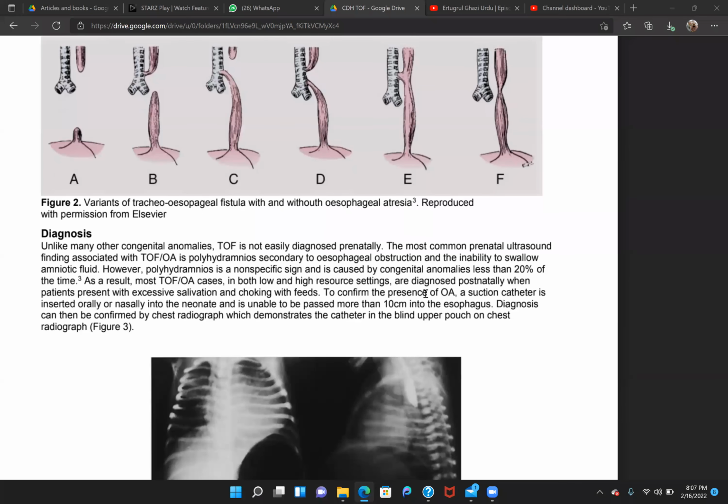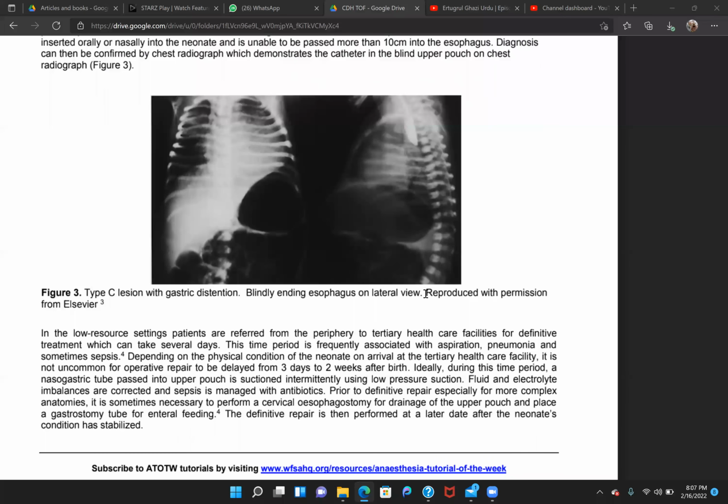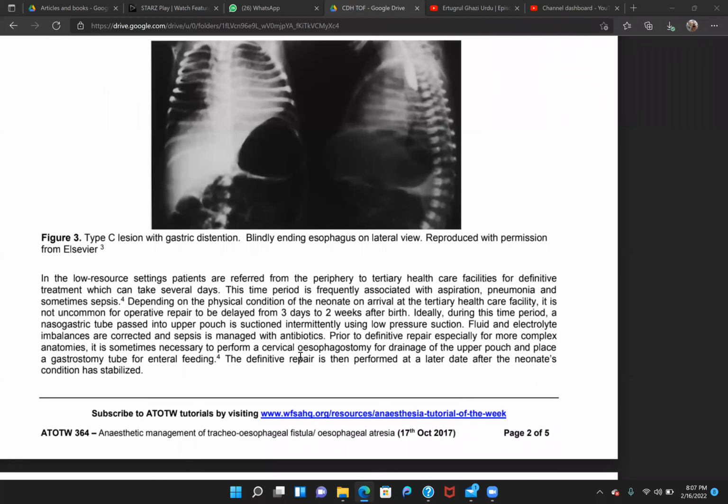These days usually these things are diagnosed in the antenatal period. So it may be diagnosed antenatally. In that case, you will be managing the patient accordingly. But otherwise, like they have written here, fluid and electrolyte correction, sepsis.